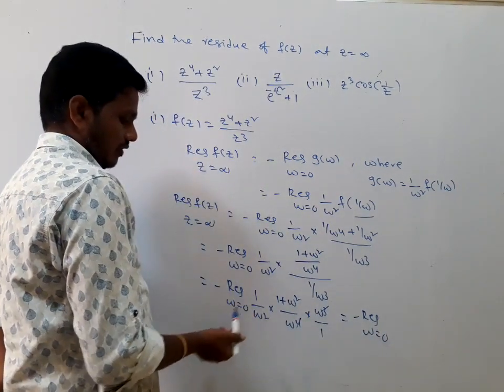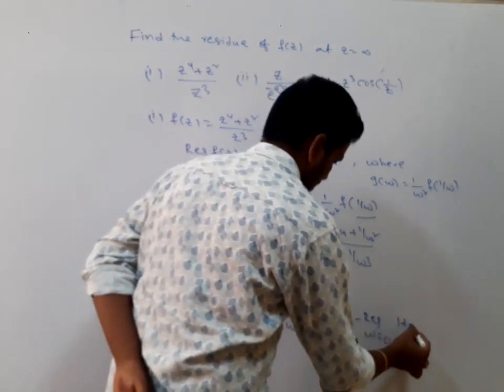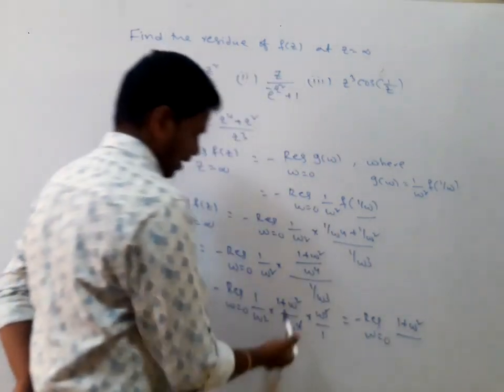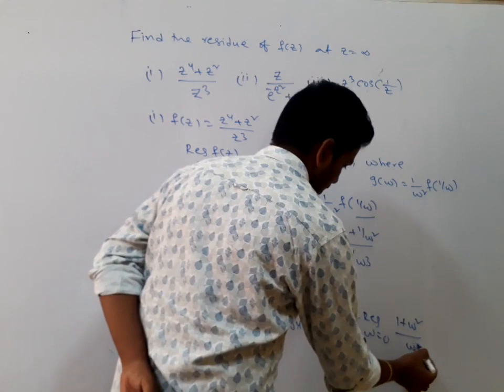In the numerator we have 1 + w^2, and in the denominator w into w^2, which is w^3.